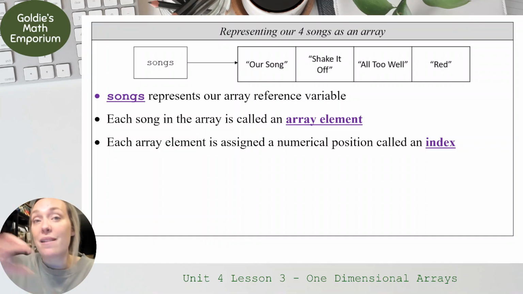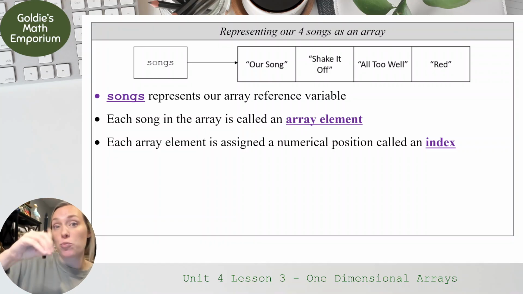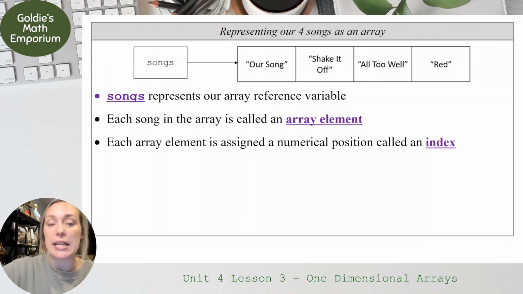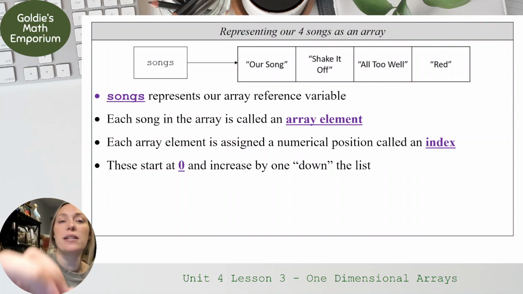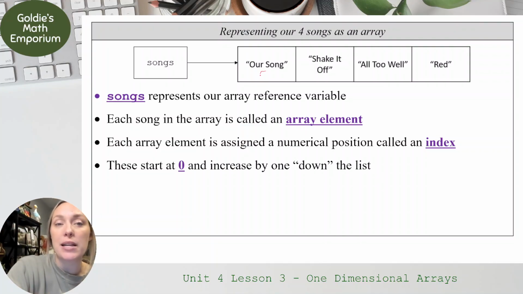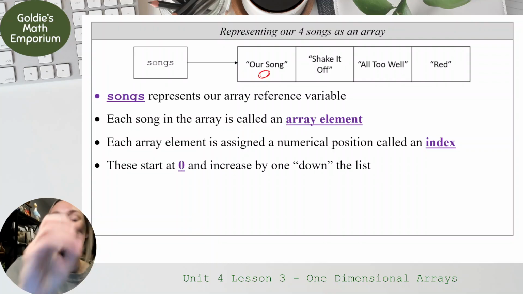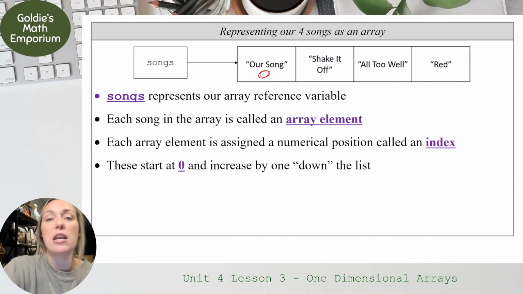And each of these cells in the table, each array element, is going to get an index. In Java, these indexes start at 0 and increase by 1 down the list. So Our Song is going to be in the first position at an index of 0. Shake It Off is going to have an index of 1. All Too Well is an index of 2.